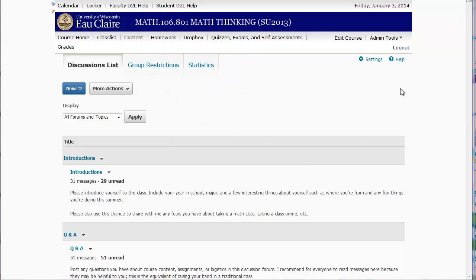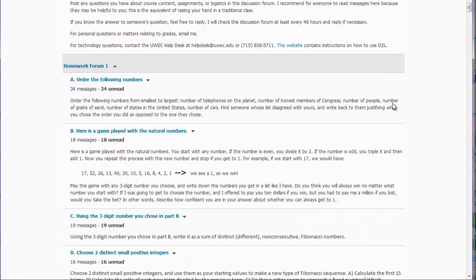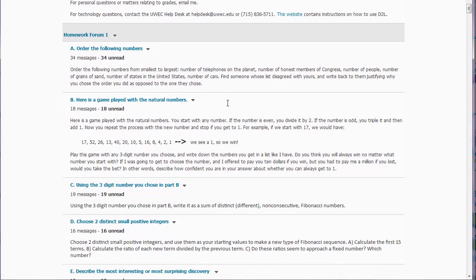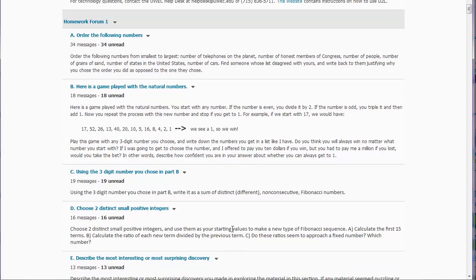So at the top here we have the typical introductions and Q&A, and then she has 25 of these homework forums in here with multiple questions underneath them. So I think there are about 80 discussion topics in here.